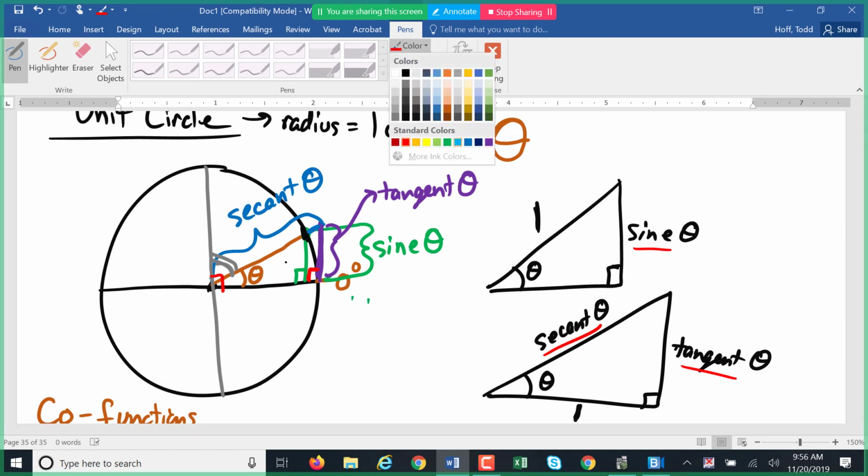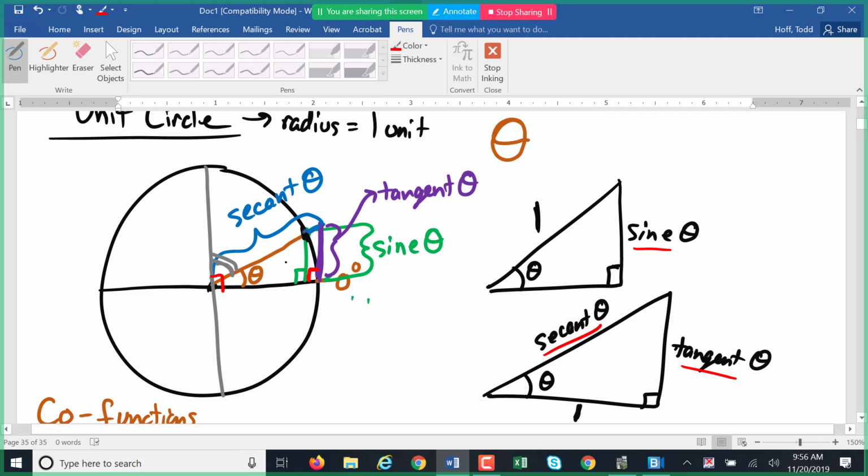Well, if that's the complement, well then there's that side there. The reference diameter is now that vertical diameter. That length is the sine of that complement. So that length is the cosine of theta.